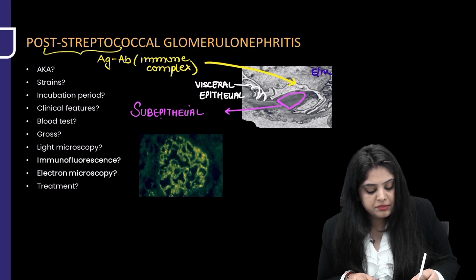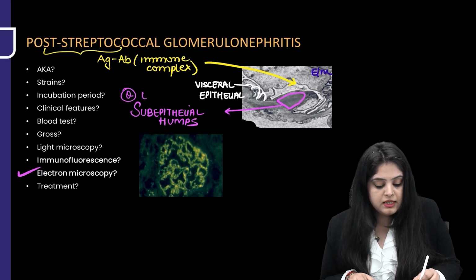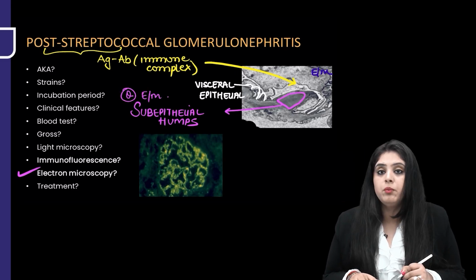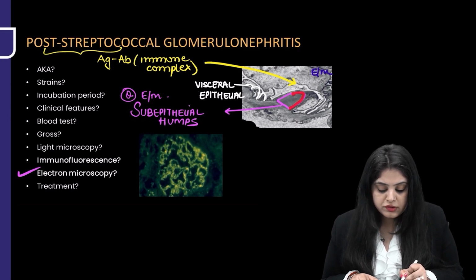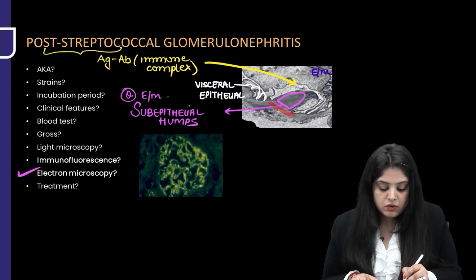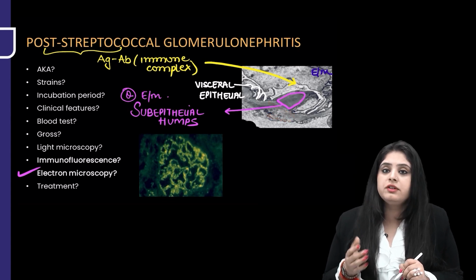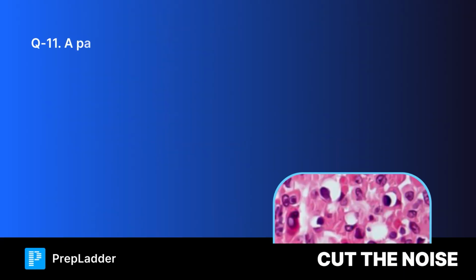That is what you see on electron microscopy. Now the question is, is the immune complex only going to sit here? No, if you increase the immune complexes, they will sit below in the membrane also, they will sit in the endothelium also, they will sit everywhere. But what is the characteristic? Subepithelial hump.